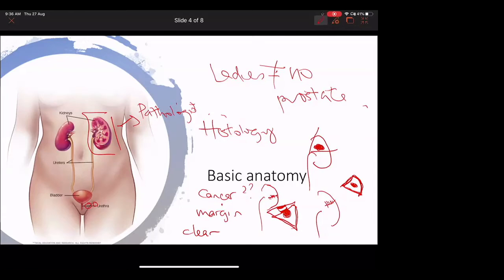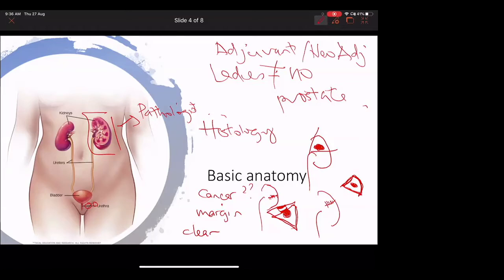So what does other treatment mean? I bring another term. Basically, you will hear things like adjuvant and neoadjuvant. It's another fancy word. Doctors like to come out with fancy words.